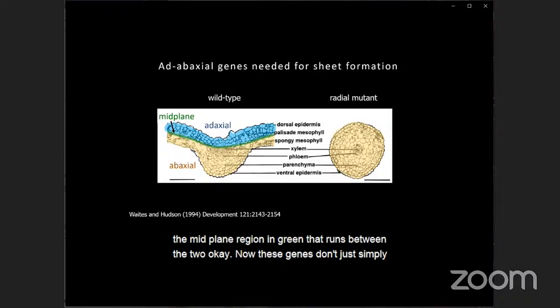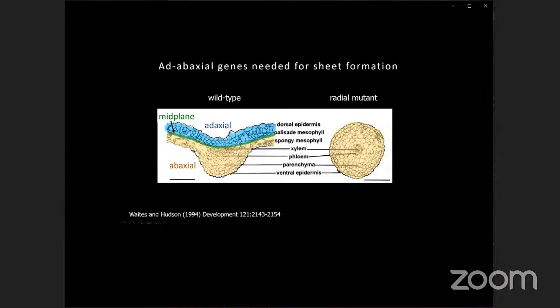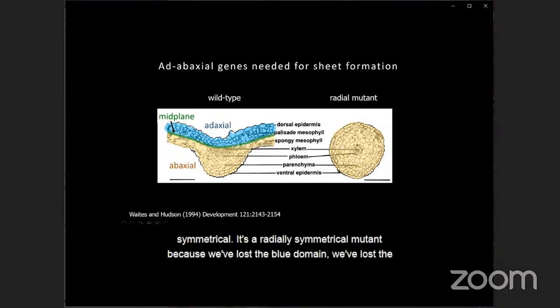Now, these genes don't just simply decorate or identify different domains of the leaf. They also are important in the formation of this sheet-like structure. Because if you were to mutate these genes, inactivate one of them, let's say, you end up with a leaf such as the one shown here, which is now radially symmetrical. It's a radially symmetrical mutant because we've lost the blue domain, we've lost the midplane.